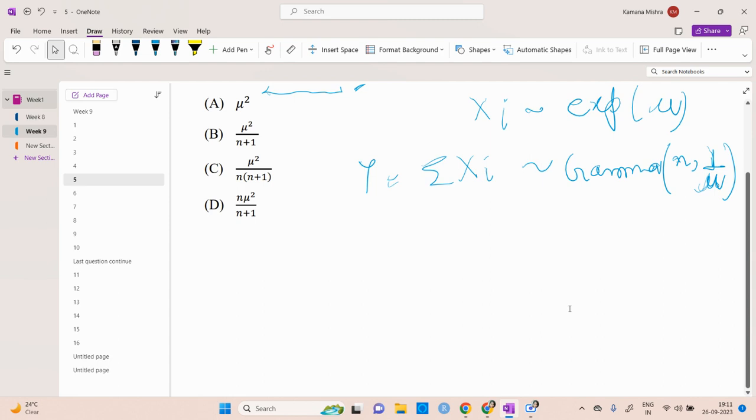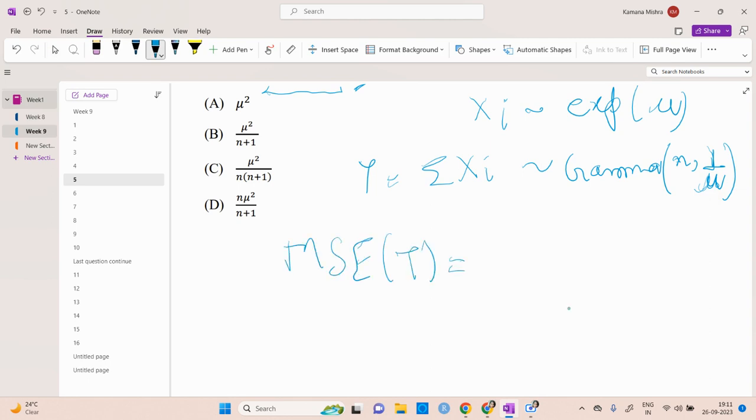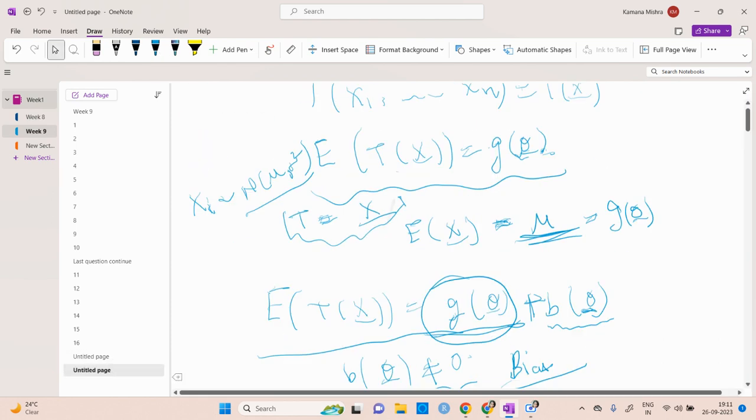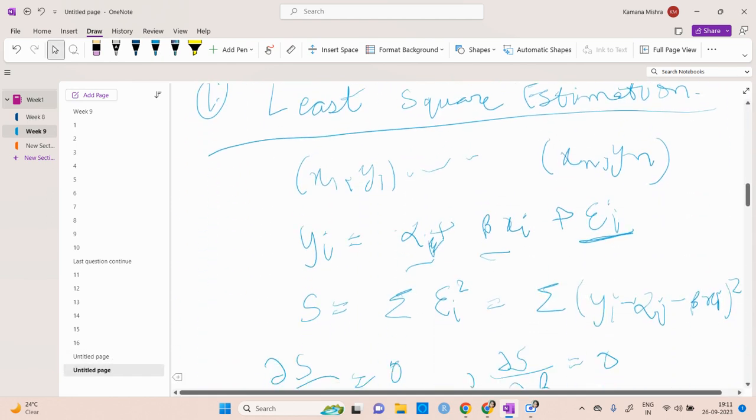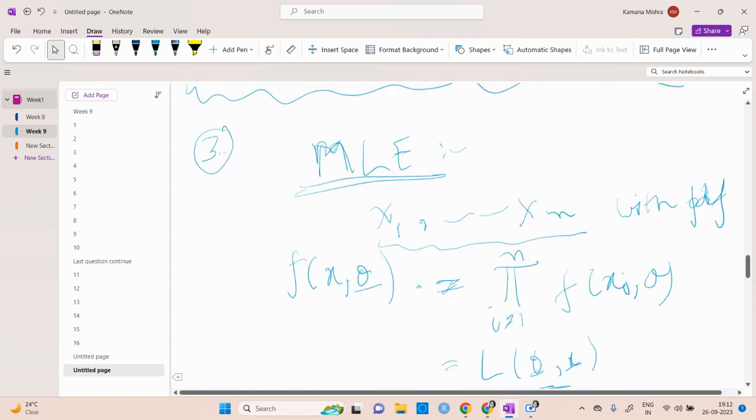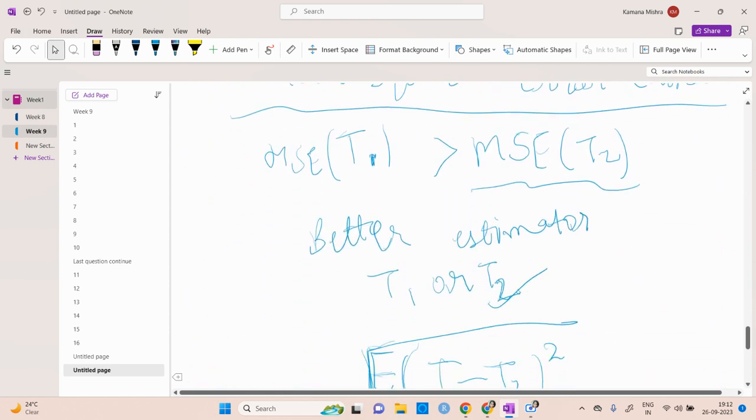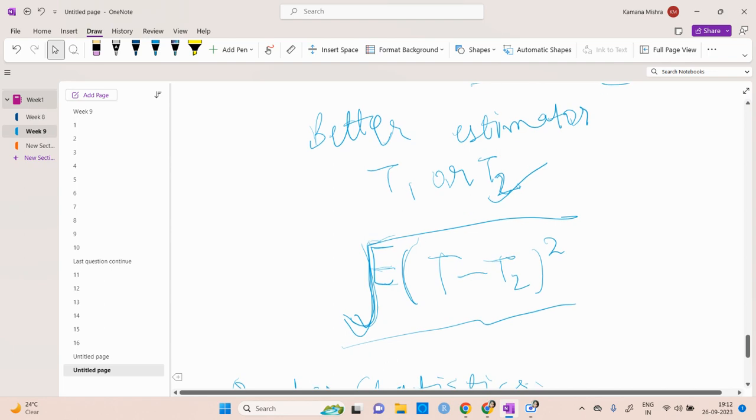So what do we have is MSE of T. MSE means mean squared error. Okay, so in the mean square error there is no square root.